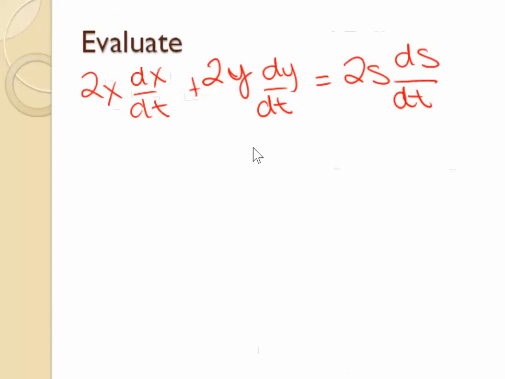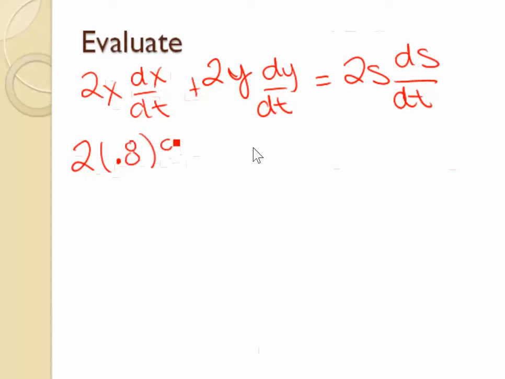Now let's take that and evaluate it based on what we know. So again, here's what we just had as our derivative. Looking back at that previous slide, we know x, the distance, was 0.8.